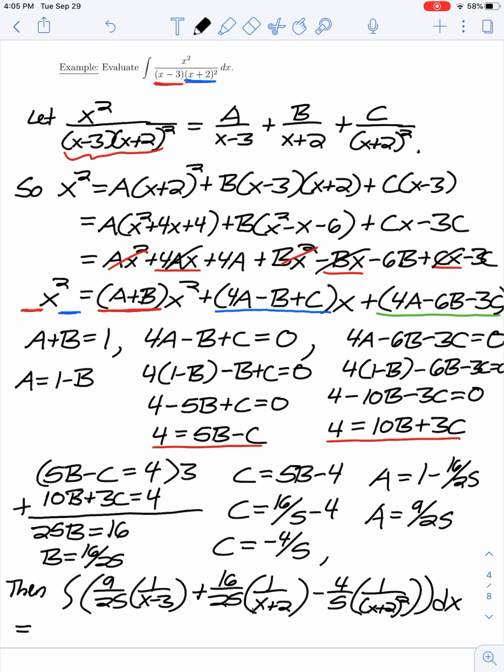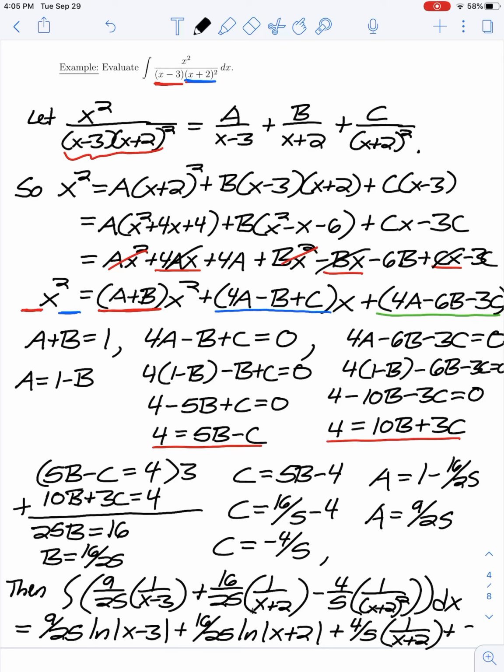And we can now integrate term by term, which would give us 9 over 25 natural log of the absolute value of x minus 3, plus 16 over 25 natural log of the absolute value of x plus 2, and then I would have a plus 4/5 times 1 over (x plus 2) to the first power, plus C. So for this last term that I was integrating, I'm using a u substitution where u is equal to x plus 2.